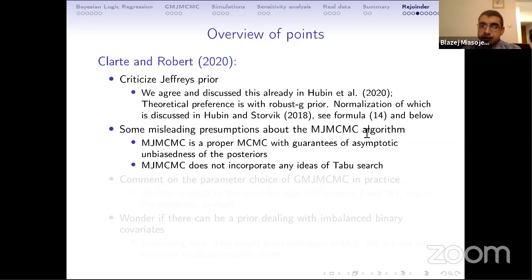Alexander asked a question. You say that MGM-CMC is reversible, but do you have any results that the genetically modified MGM-CMC is reversible? Because this genetically modified one does not seem to be reversible with respect to the posterior. Well, it is reversible. It's not reversible in the sense that it doesn't satisfy the detailed balance equation, but it can visit the same model several times. Yes, but different populations. So, it is not reversible.